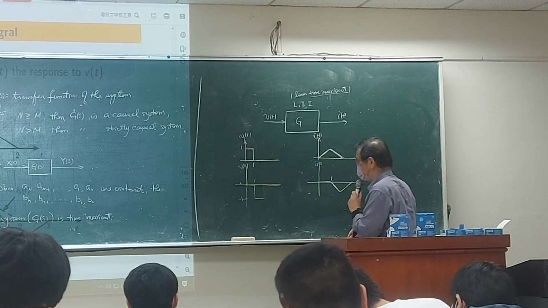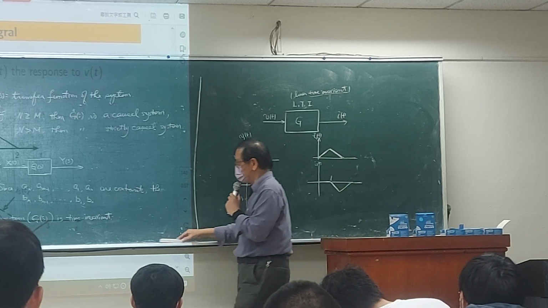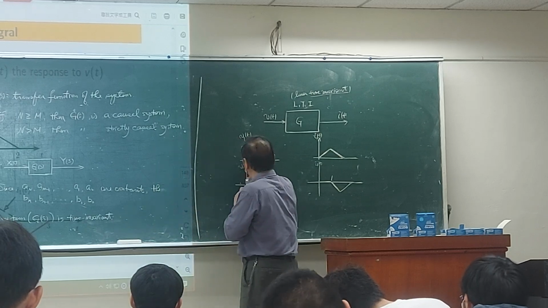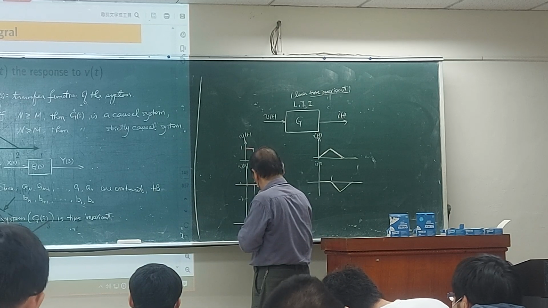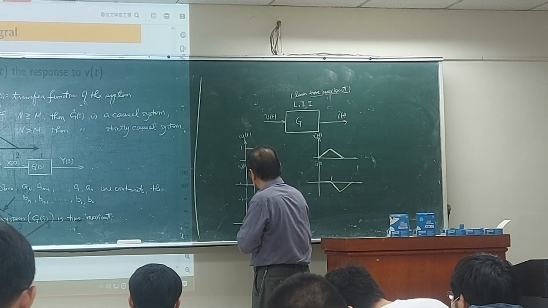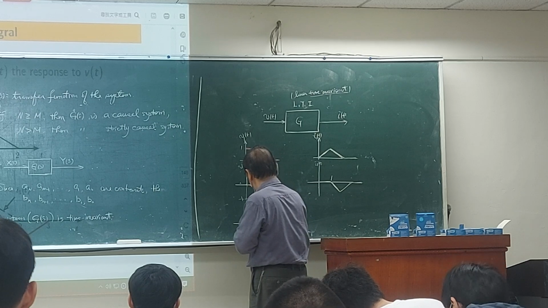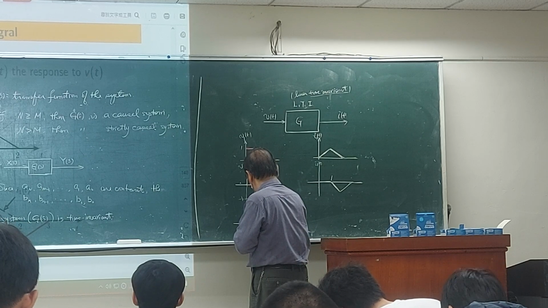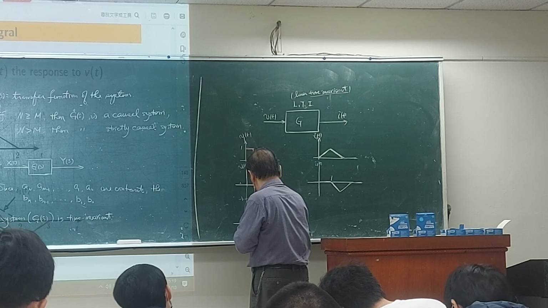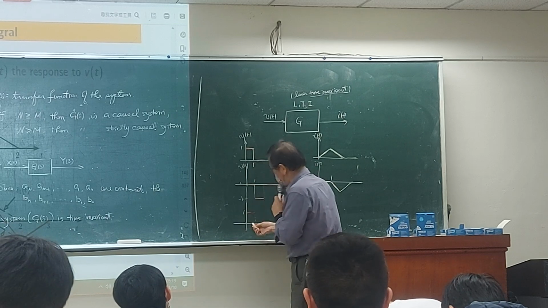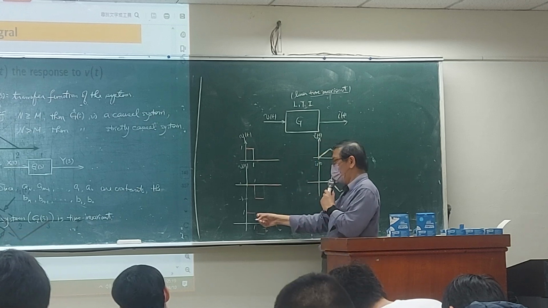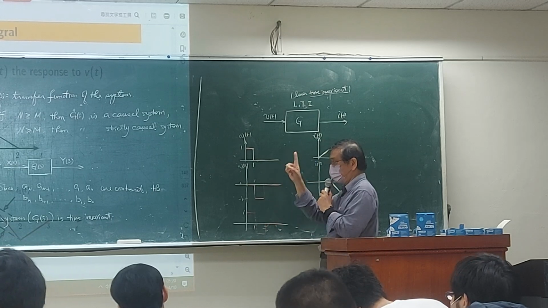Yeah, that's 1 second. Now, if I have a signal which combines V1 and V2, so now this is my signal. Okay? So in the first second, my input signal to the system is 1 volt.